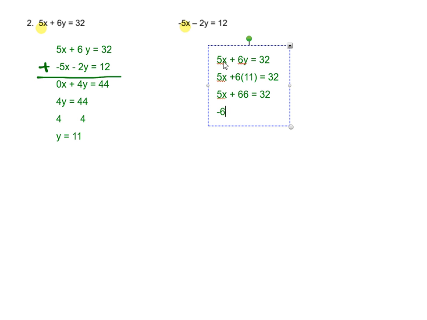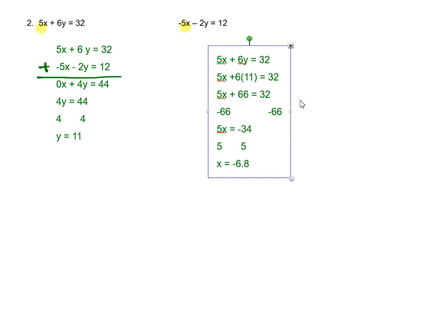I'm going to subtract 66 from both sides, and I'm going to get 5x is equal to negative 34. I'm going to divide both sides by 5, and I'm going to get x is equal to negative 6.8.